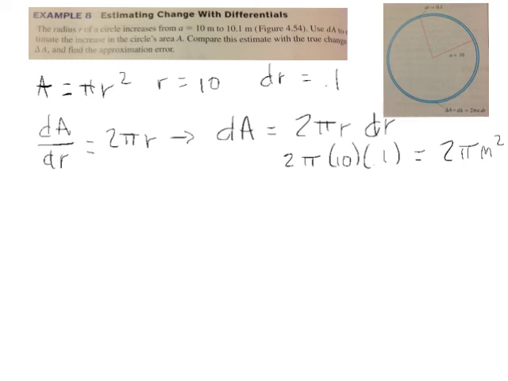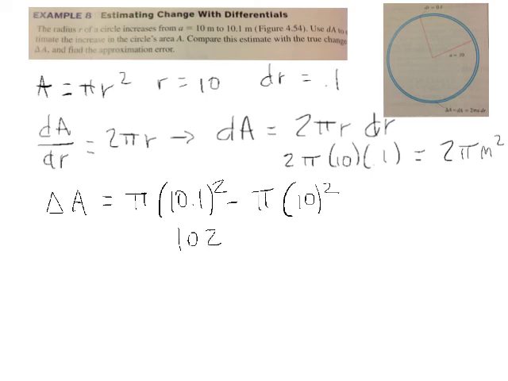So what we would have is the actual true change would be pi r squared, and we'll take the larger radius, pi r squared, minus pi times the smaller radius. And so this is going to be 102.01 pi minus 100 pi, which is equal to 2.01 pi meters squared. Okay?